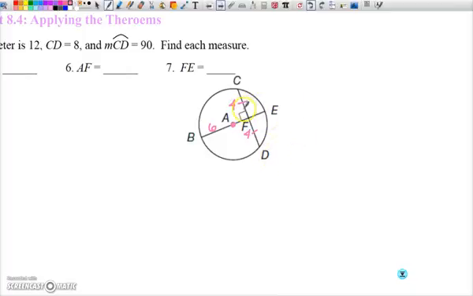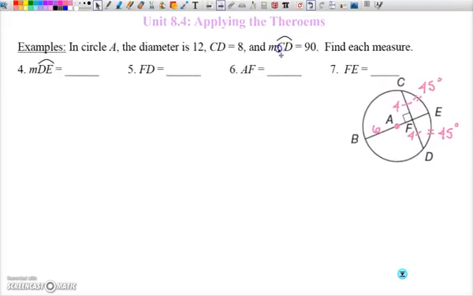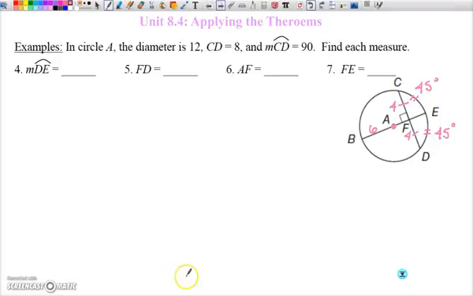What we know is that if these are congruent here, and this is being bisected, it also bisects this arc over here, making this a 45-degree arc, as well as this being a 45-degree arc. Okay, now I can shift everything back to where it was. There we go. And find the measure of arc DE. Already did it. It's 45 degrees.